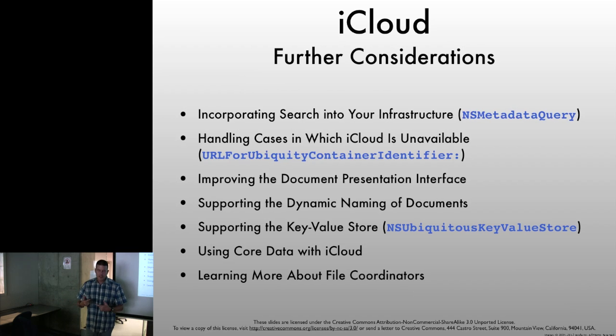You need to start thinking about dynamic naming of your documents. So if a user changes the name of a document on one machine, you want to make sure that name propagates and that you're not saving old, stale data, so that other devices don't suddenly lose track of the document just because its name has changed.